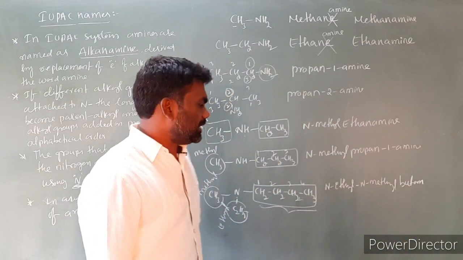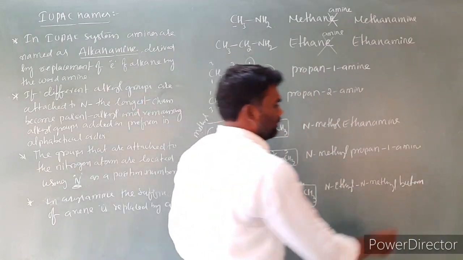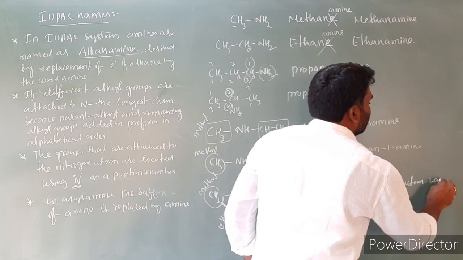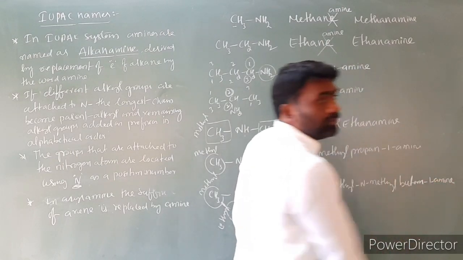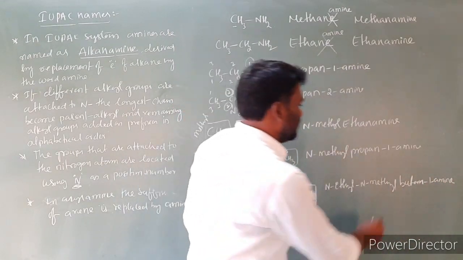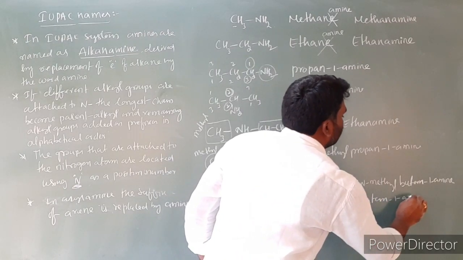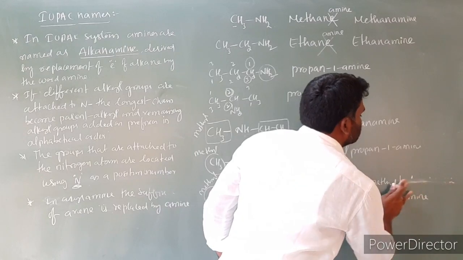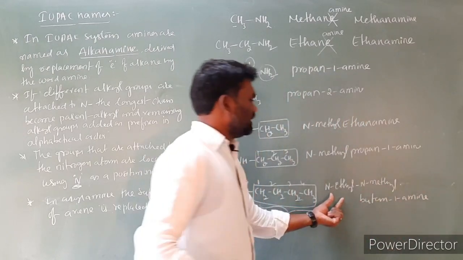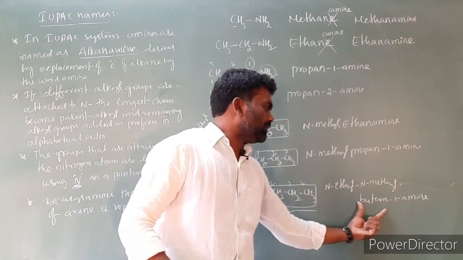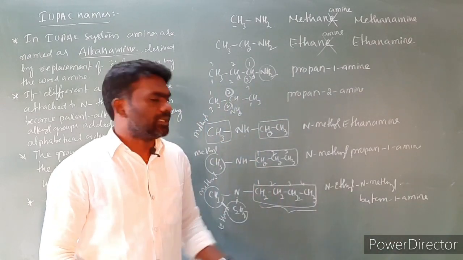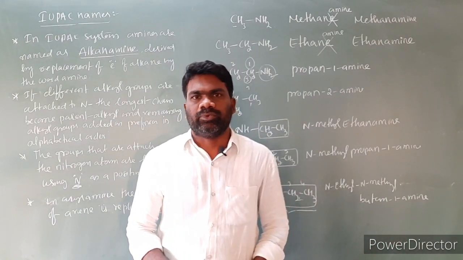The amine is at the first position. Butane-1-amine. The name of this compound is N-ethyl-N-methylbutane-1-amine.